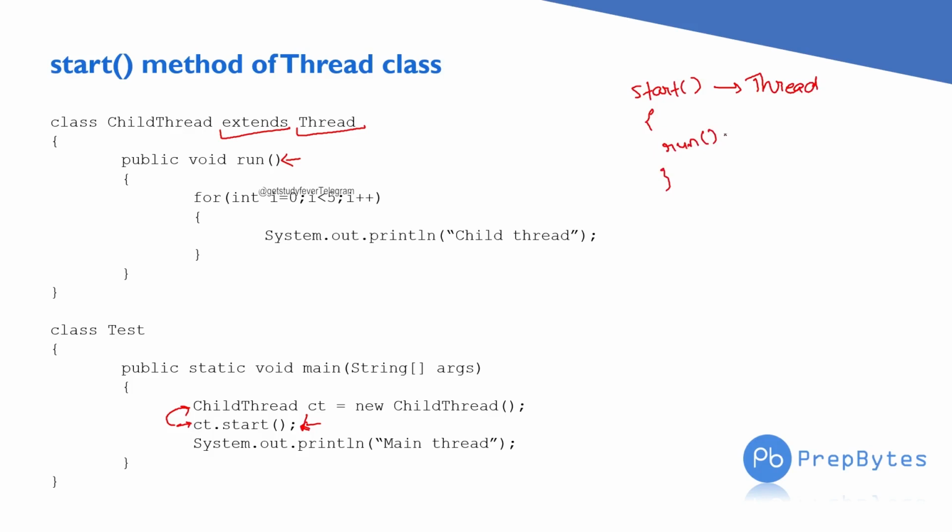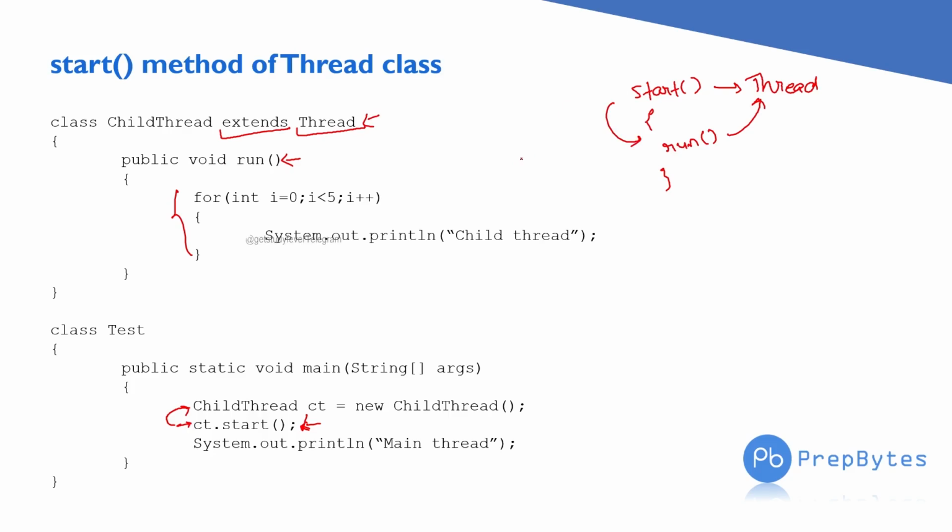By default it will call the run method of the Thread class, but we have overridden that method. So our run method will be called and the job will be executed. So ct, our child thread, does not contain the start method, so we check in the Thread class. The Thread class does contain the start method, and this start method in turn calls the run method. This is how it happens.